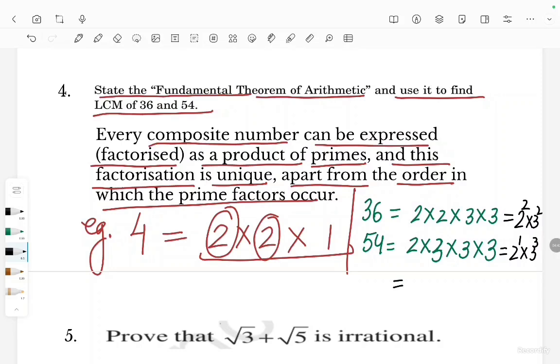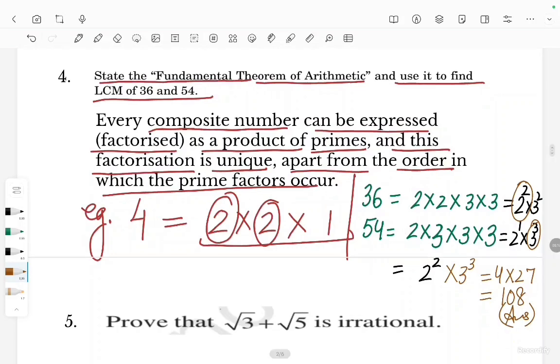Now take the numbers with the highest power, 2 raised to power 2 and 3 raised to power 3. What will be the answer? Yes, 108. So the LCM of 36 and 54 is 108. Done. These are all very important board oriented questions.